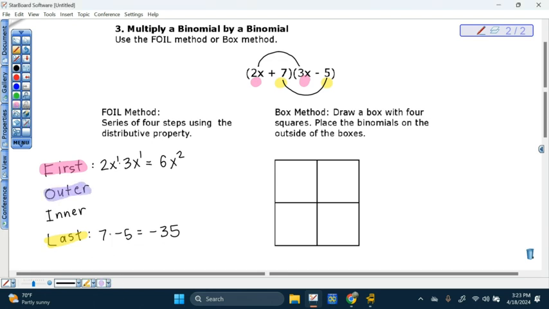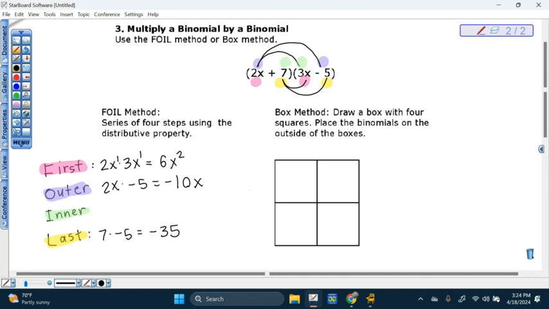All right, and then we've got our outer terms. Which ones are the outer terms? Very good. 2x and negative 5. Okay, so 2x times negative 5 is negative 10x. And then my inners would be what? Yeah, the 7 and the 3x.